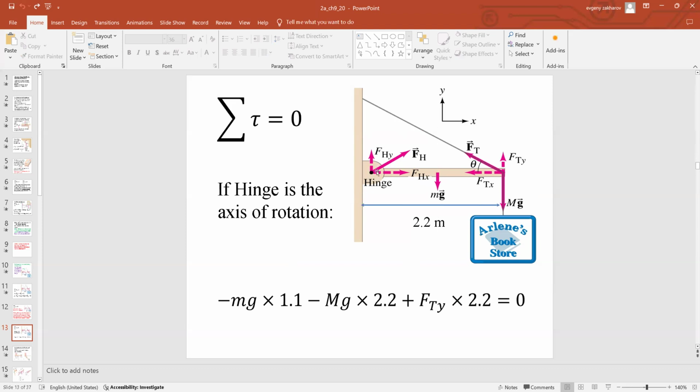That's the axis of rotation. So the moment arm is the shortest distance. Shortest distance would be half of the total. If the total is 2.2 and the gravity of the rod is right in the middle, then it's 1.1 meter.